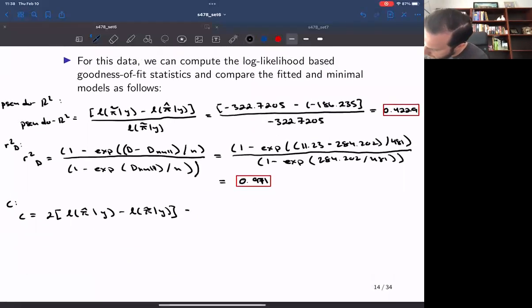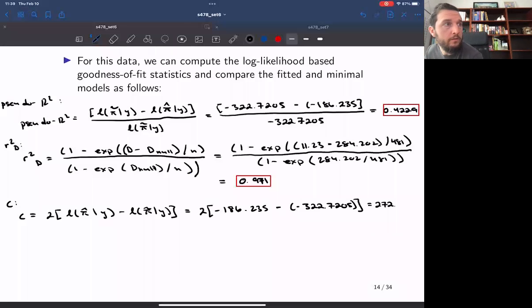Okay, so this is going to be 2 times negative 186.235 minus negative 322.7205. And this is equal to 272.970.